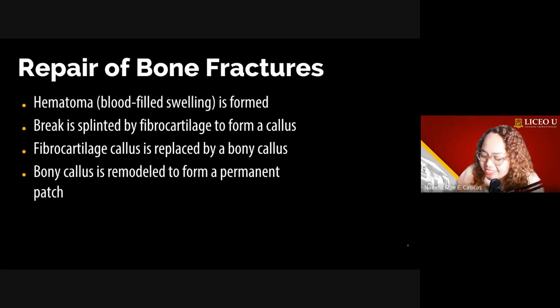So okay naman siya if it's going to stay for a long time in your bone because your bone has already healed during that time. So nag-form na siya sa bony callus niya. So yeah, I have to remove it because of them being metal.